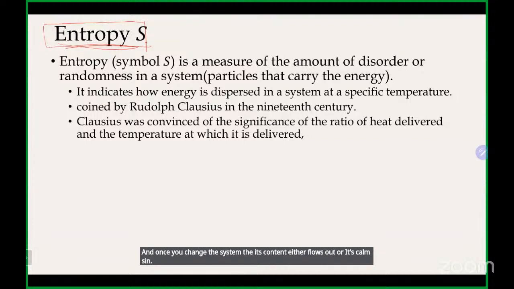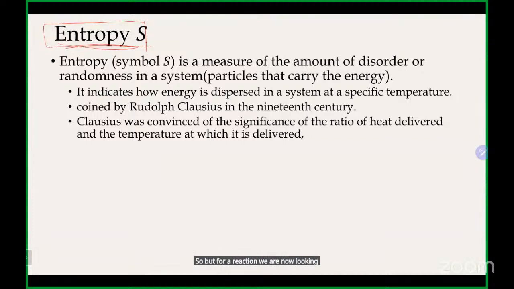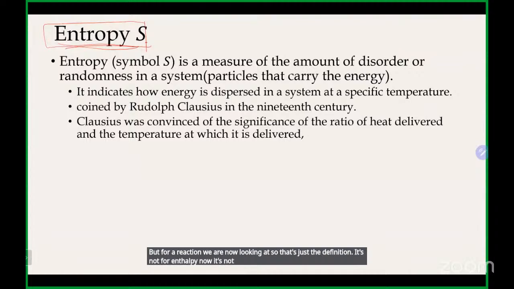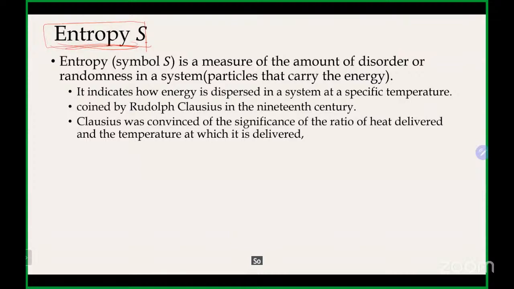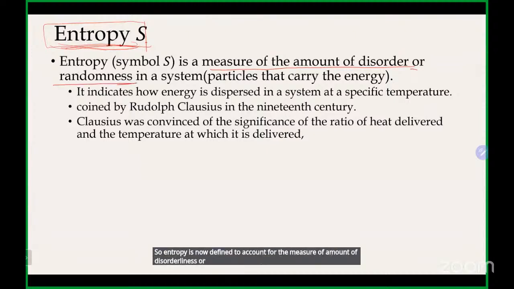But that is just the definition. Enthalpy has not been defined for a spontaneous process. So entropy is now defined to account for the measure of the amount of disorderliness or randomness that a system likes to undertake. It is related to a flow in randomness.